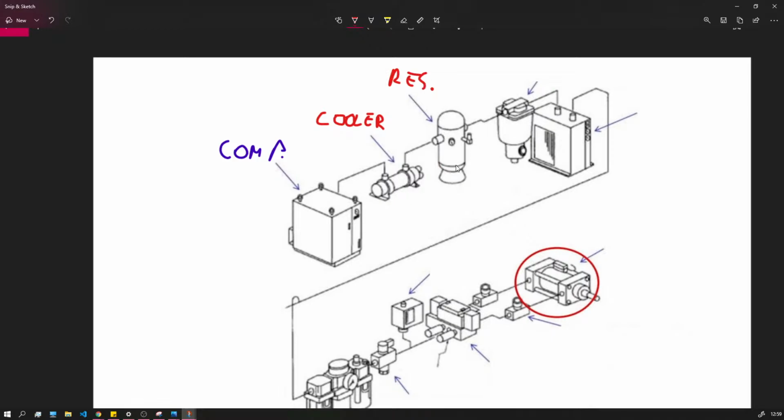The reservoir is for storing the energy. Some systems work so the compressor compresses air and fills up the reservoir. If the reservoir is filled up, the compressor shuts down and waits for the reservoir to drain for some amount of time. And if the pressure drops in the reservoir, the compressor starts again to fill it up. So some systems work intermittently.